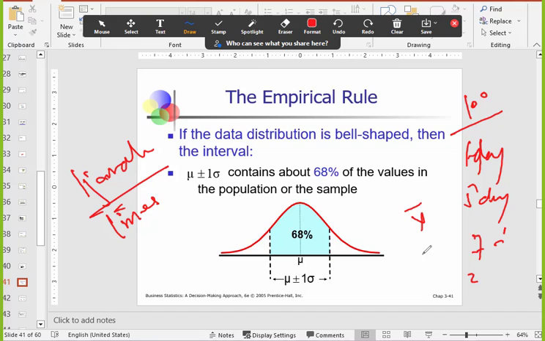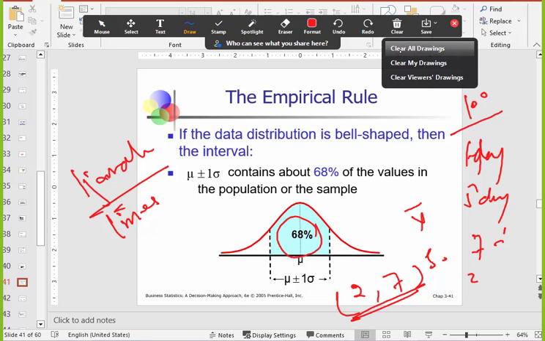Then you calculate the mean and standard deviation and you calculate the range. The answer comes between 2 to 7. So you can say to the next customer that I am confident there is a 68% chance that your case will be solved between 2 to 7 days. This is the way we can use the empirical rule to give a guess of the next value, or to the next client.